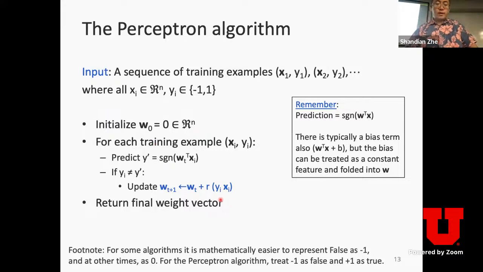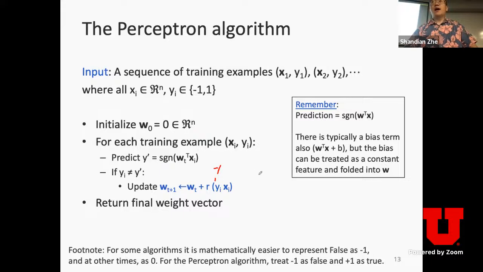Of course, you cannot directly apply this rule. If y is 0, that means you don't update the model at all. Then what should we do? Yeah, something like this. We know that when yi is either -1 or 1, you're multiplying this xi with either -1 or 1.